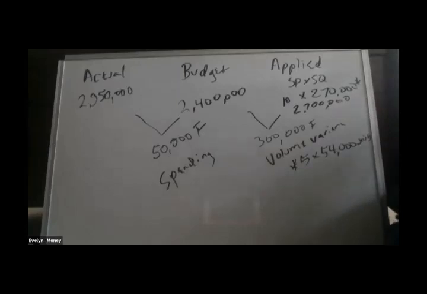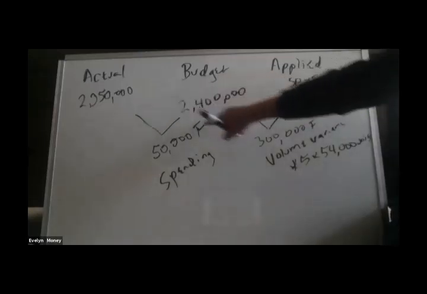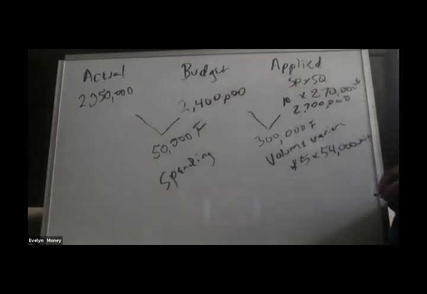This variance only happens because the number of units I produced, the way I calculated that number is different from the way I calculated my budgeted figure. This really has nothing to do with me being efficient or inefficient. It's just a difference in terms of how many I produce versus how many I plan to produce.